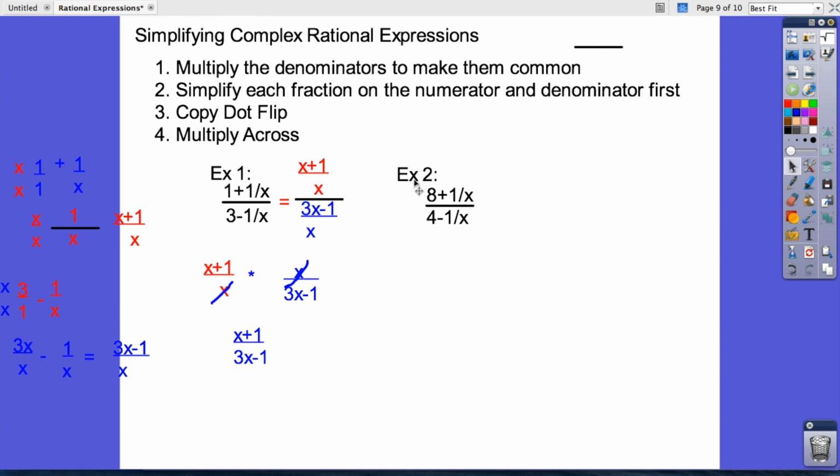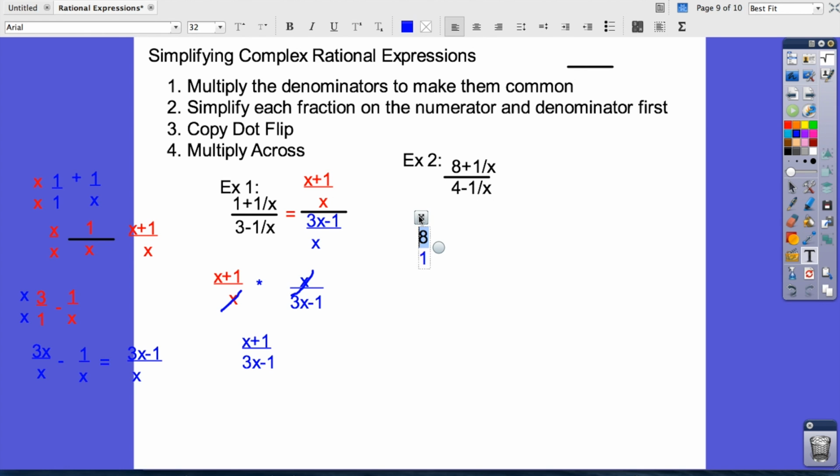Example 2. We'll try and run through this one a little bit faster this time around. We have the numerator. Okay, so we have 8x, or 8 divided by 1, plus 1 divided by x. Again, denominators don't match, so we need to multiply both top and bottom by x for the equation on the left.